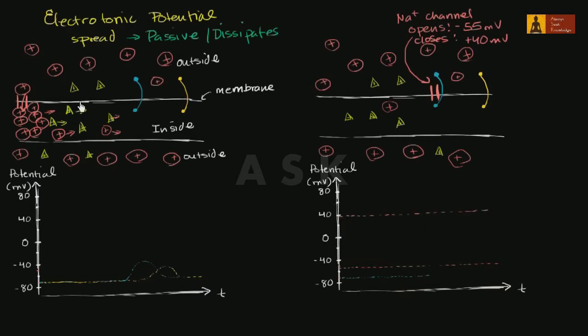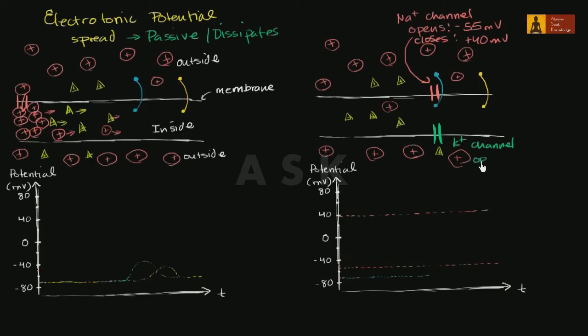And let's say we also have some potassium. Let's say we have a potassium channel too, right over here. This is a potassium channel, the infamous leaky potassium channels, which are the true reason why we have this voltage difference across the membrane. But this potassium channel, let's say it opens when this one closes.